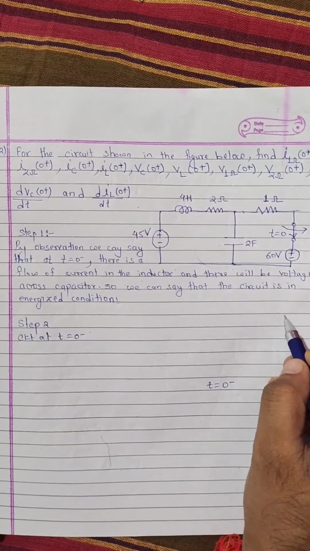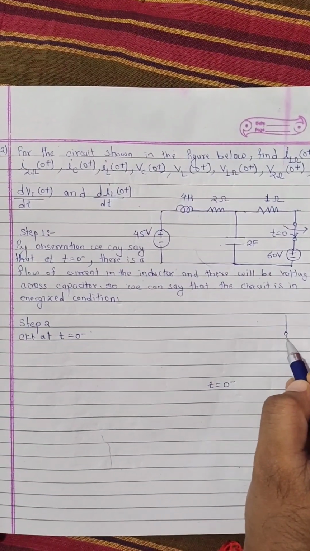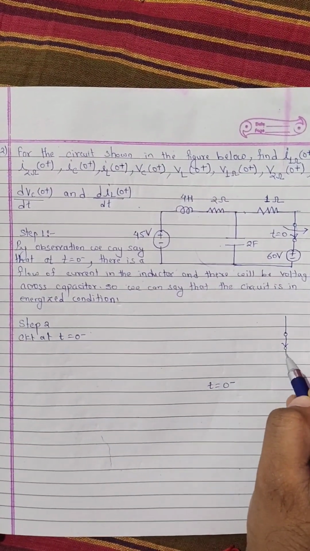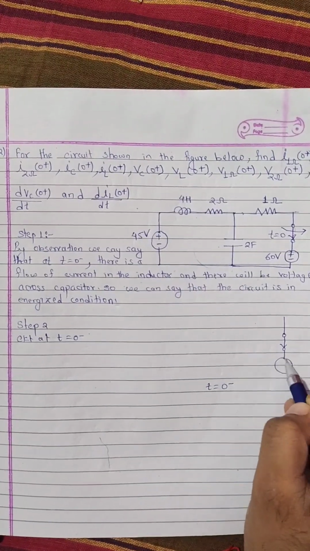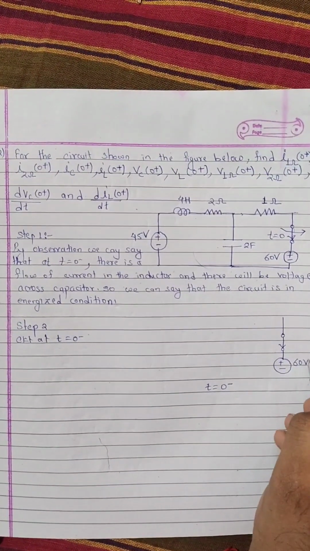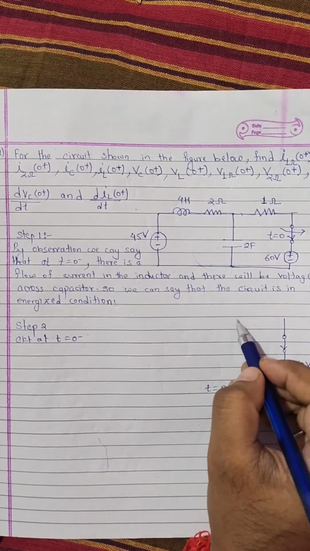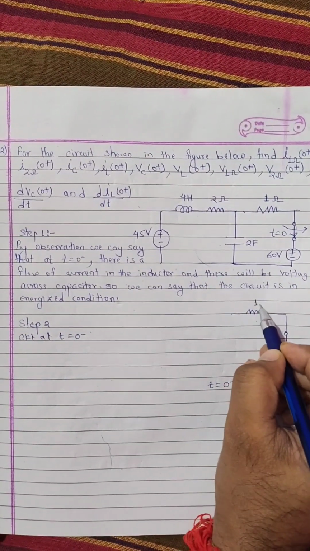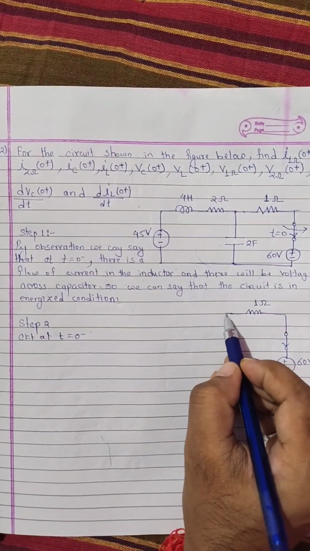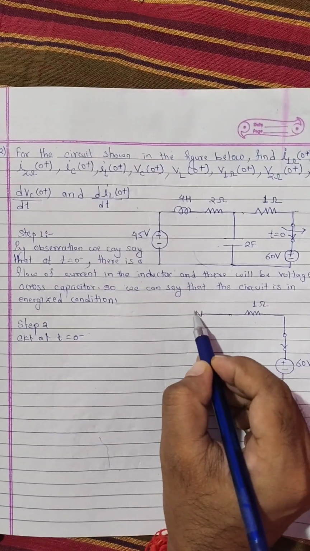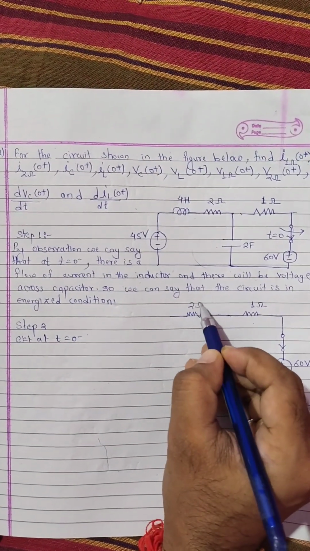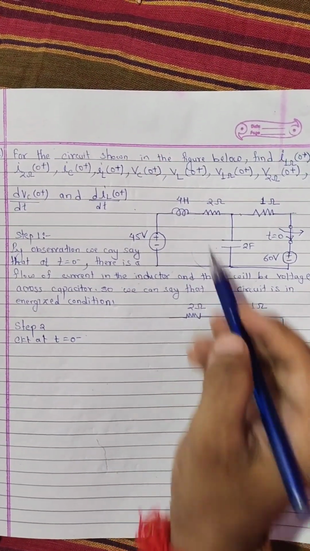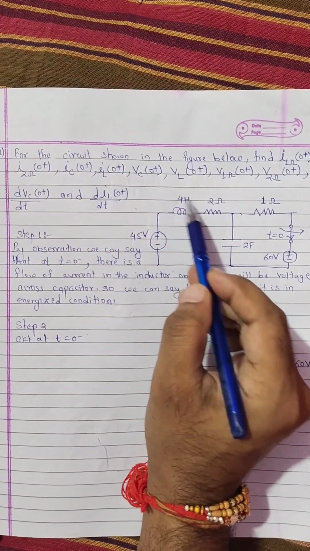So the switch is in closed position, and there is the voltage source of 60 volt. There is a resistor of 1 ohm. Similarly, this is the resistor of 2 ohm. This is an energized inductor.